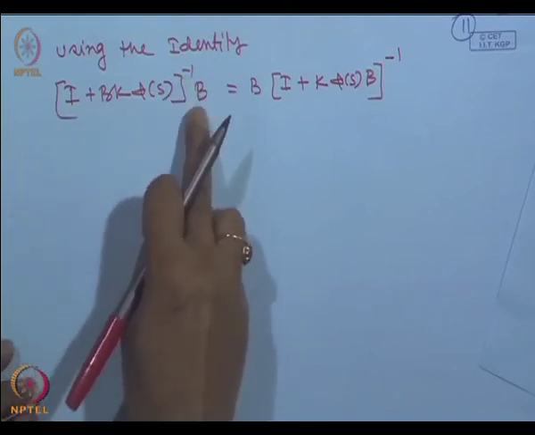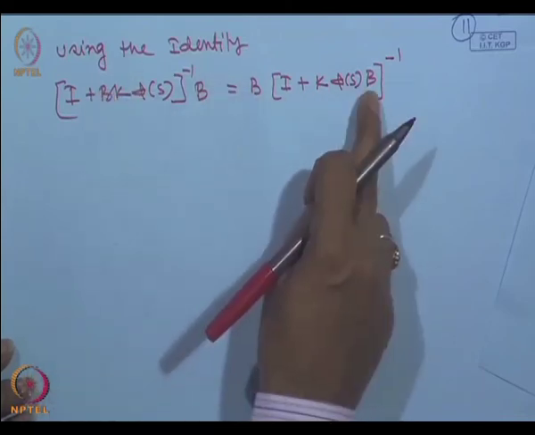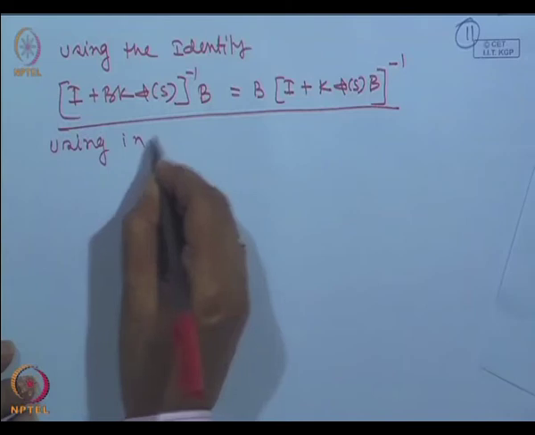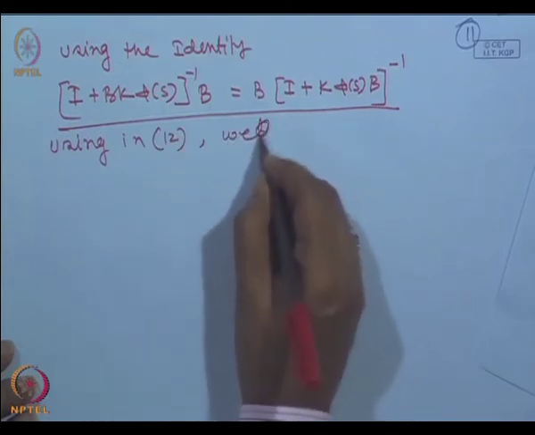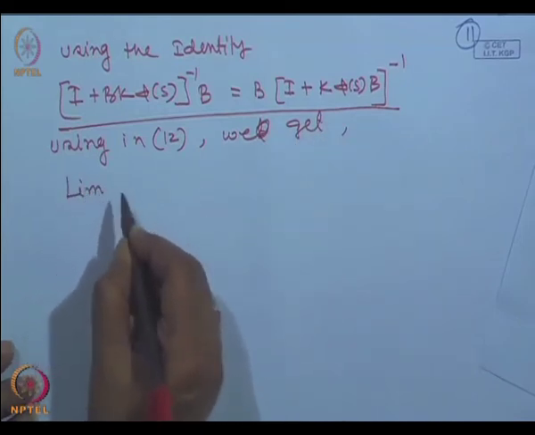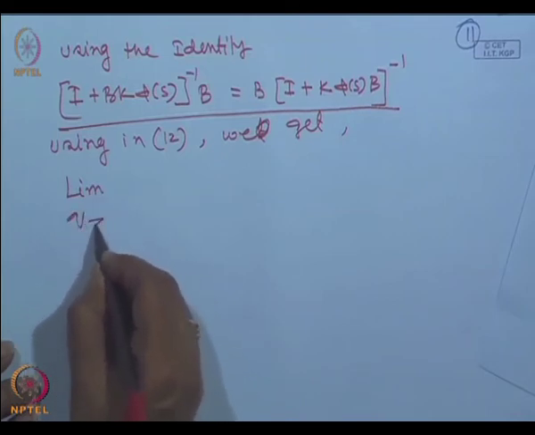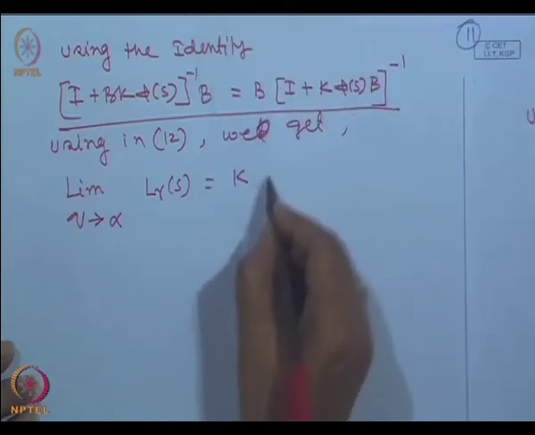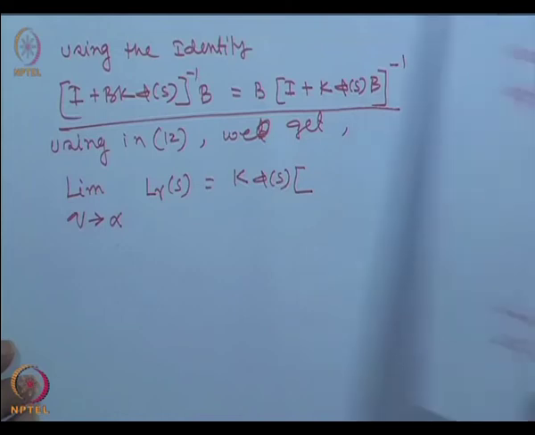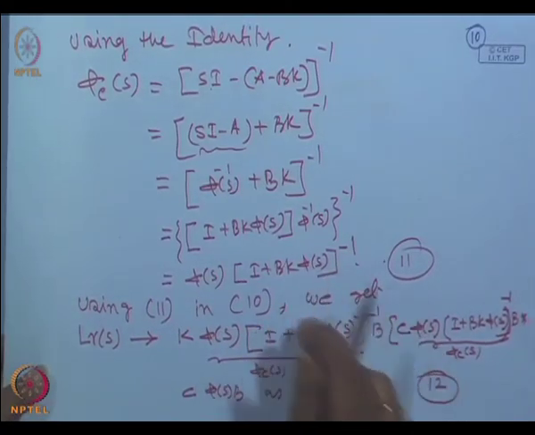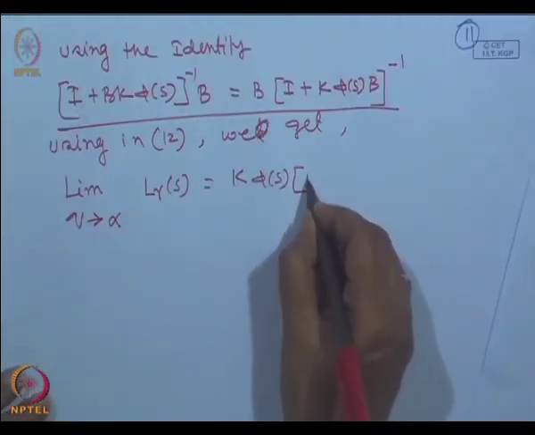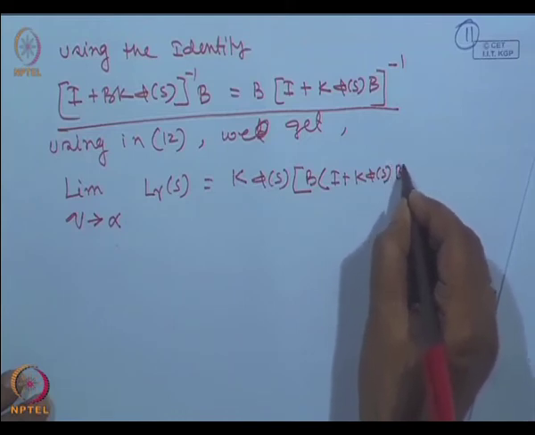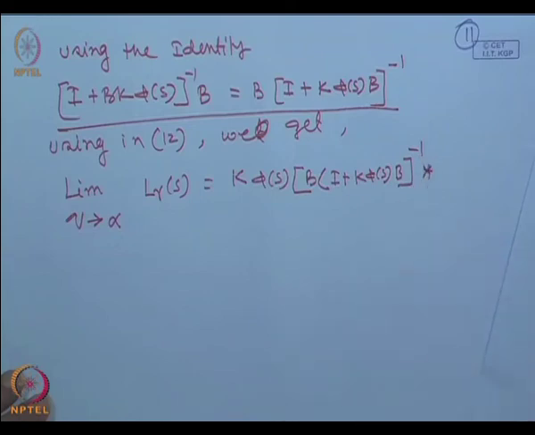This identity I am using in 12, we get the limit as q tends to infinity L r of S equal to k phi S, then instead of this I am using the identity B first, then (I plus k phi S into B) whole inverse.